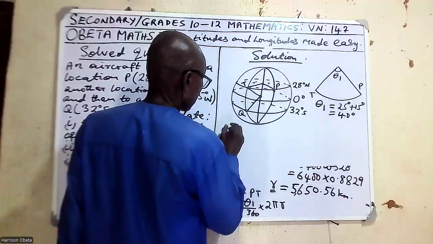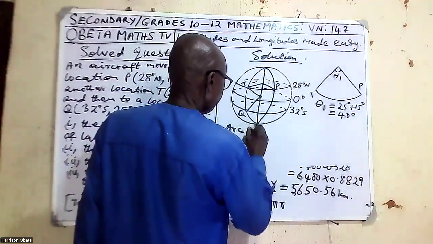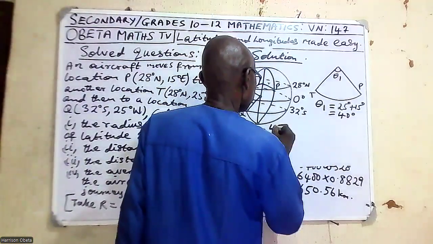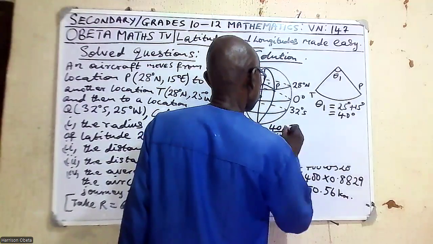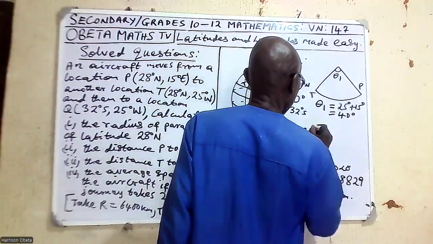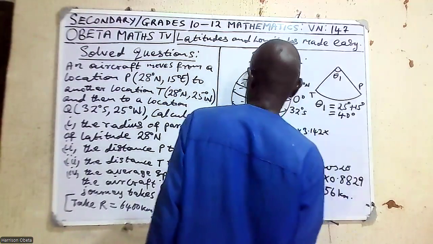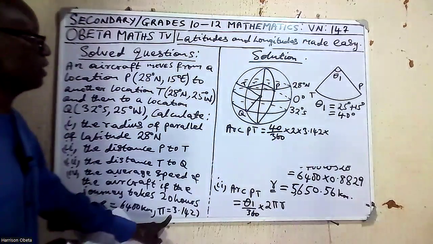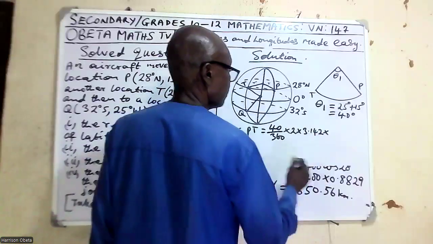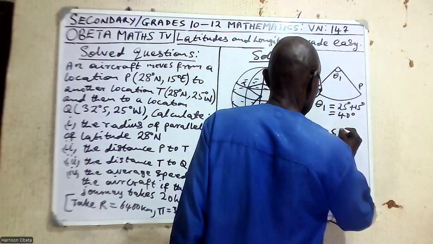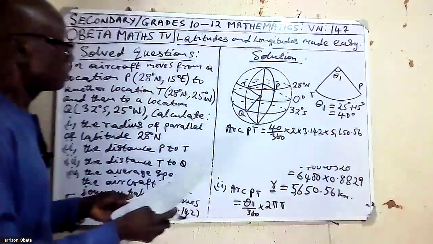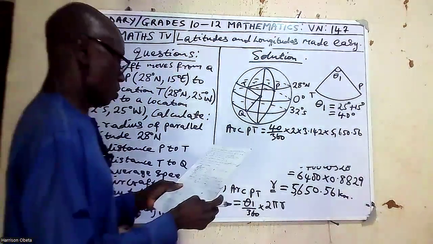Arc PT is equal to 40 over 360 times 2 times 3.142, because 3.142 is our pi, multiplied by r, which we have calculated here, 5650.56.